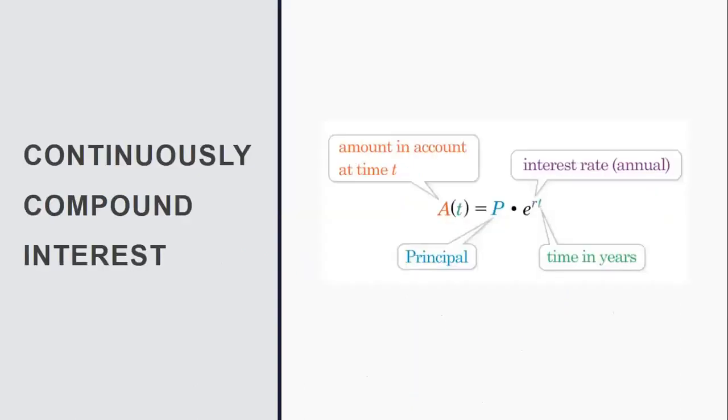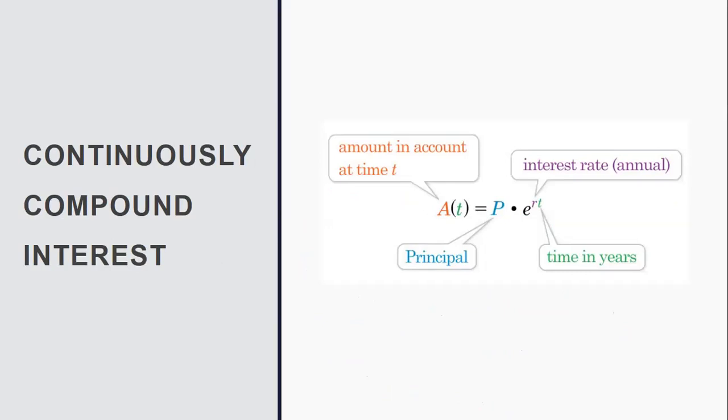All right. Our last type of real world situation we're going to focus on is continuously compounded interest. What this means is that every nanosecond, second, minute, hour, day, week, month, you are continually earning interest. It is happening.